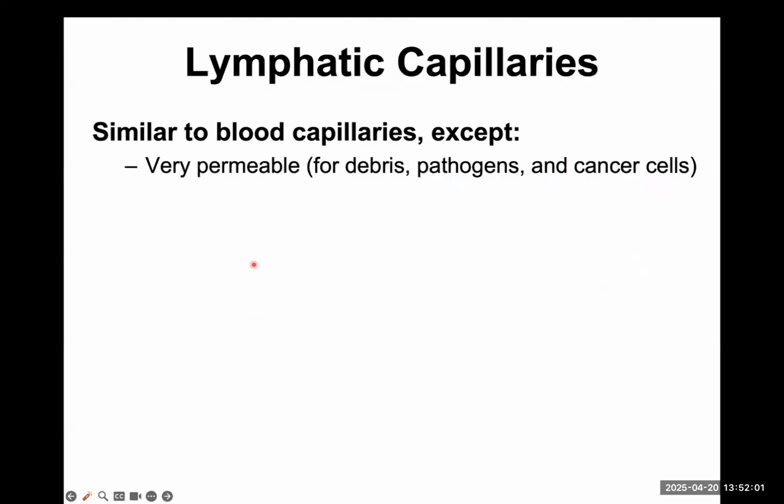So let's put all this in writing. The lymphatic capillaries are very similar to blood capillaries. Their job is to have lots of surface area. They're very permeable. They're very thin. And because the cells are very thin, it includes all kinds of stuff: pathogens, debris, cancer cells.